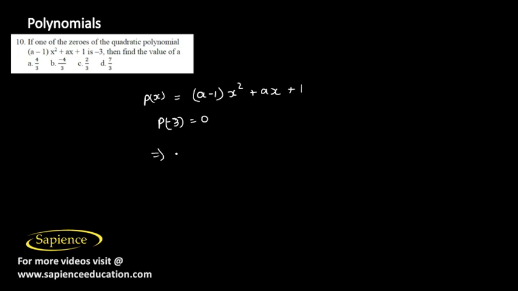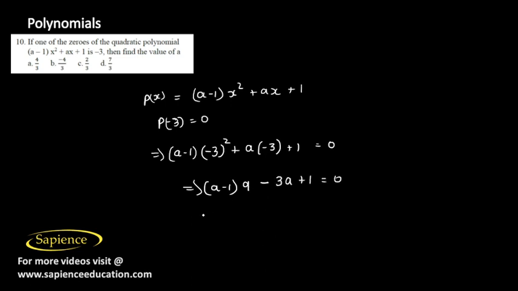That will give us (a minus 1)(minus 3) square plus a into minus 3 plus 1 equals 0, which means (a minus 1) into 9 minus 3a plus 1 equals 0. 9a minus 9 minus 3a plus 1 equals 0. 9a minus 3a will become 6a.